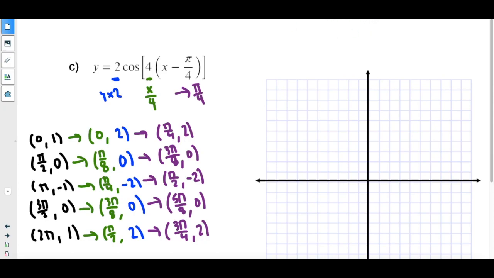So let's graph them now. Just looking at this, a good scale to go up by on my x-axis is pi over 4. That seems like a good scale to go up by on the x-axis. So let's do it.